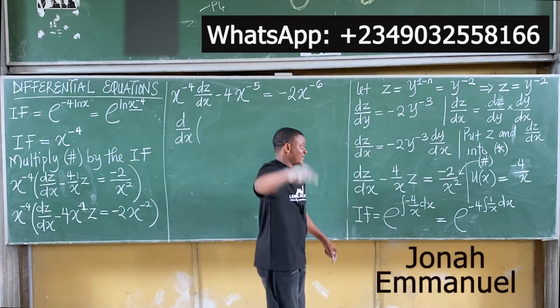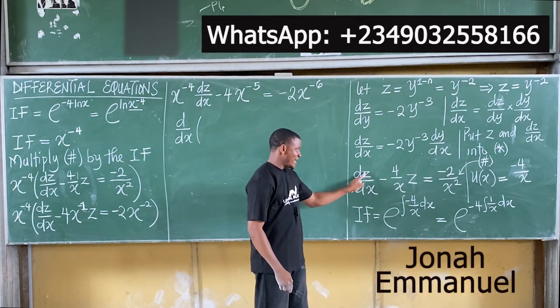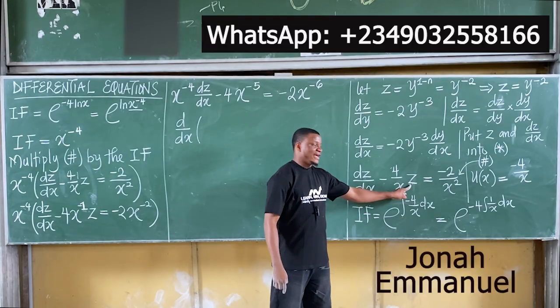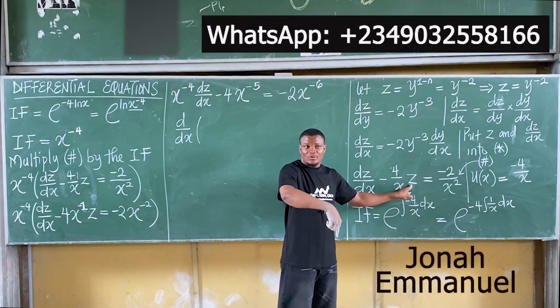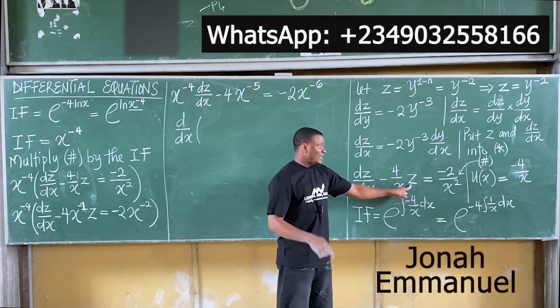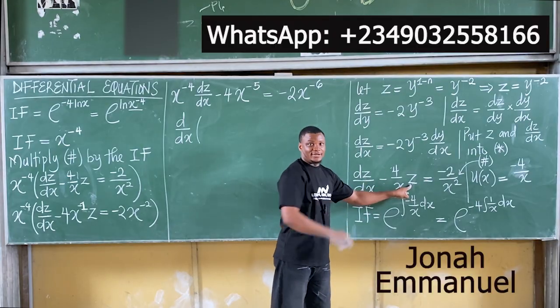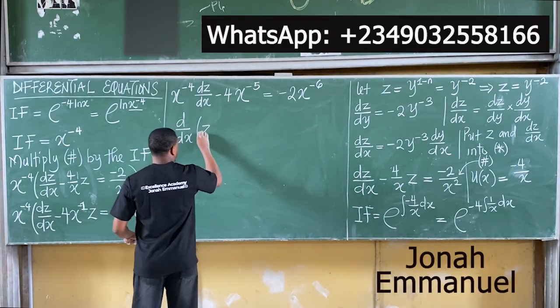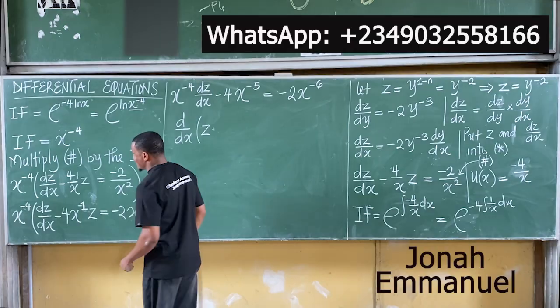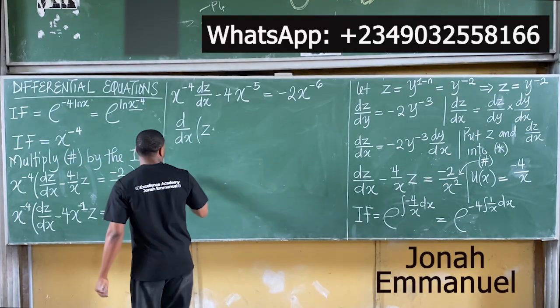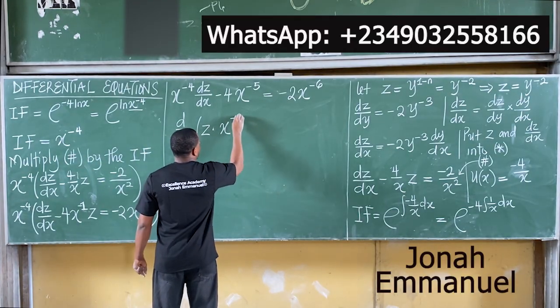Go and check the previous class. It was dy dx minus something y, always y times the integrating factor. But now it's no longer y, it's z. So it becomes z multiplied by the integrating factor, x to the power minus 4.